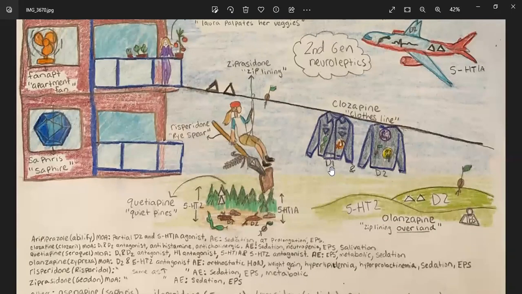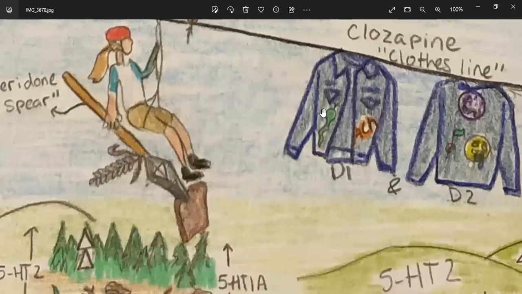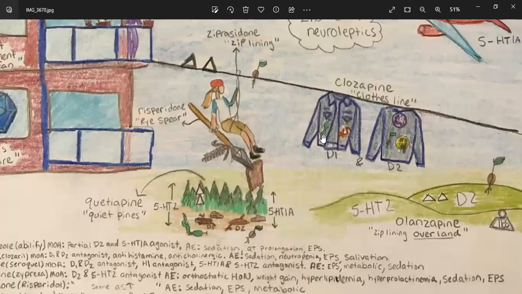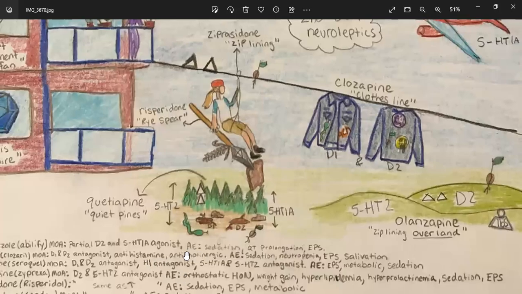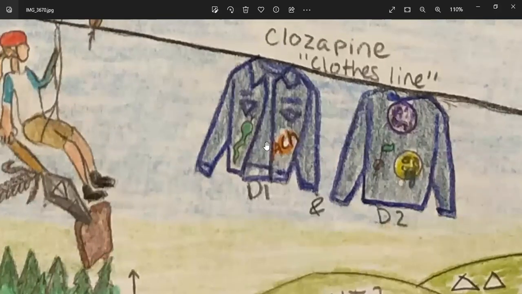So denim for D1 and D2. It is also a histamine 1 antagonist. So histamine, we have a snake. Snake for histamine because snakes hiss. And then it is also an anticholinergic. That's not an adverse effect. That's part of the MOA. Anticholinergic, ACH.